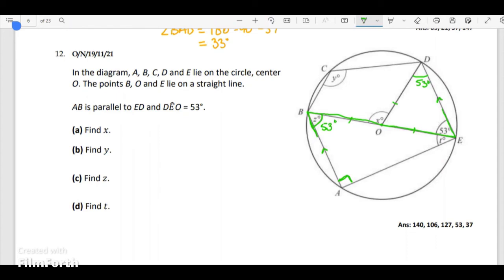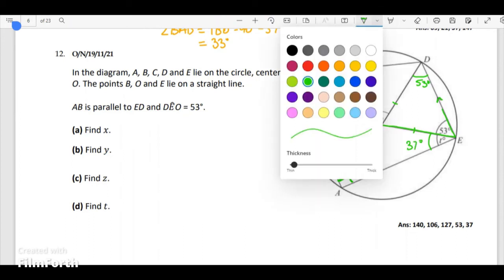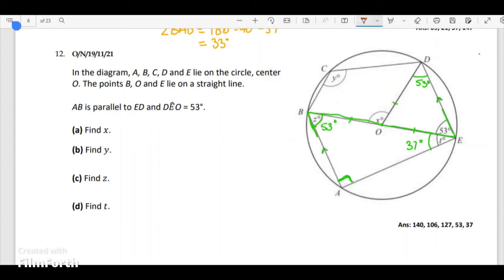So if we have 53, Z is 53, 90 degrees given, we can work out D as well. So 180 minus 90 minus 53, that would be 37 degrees. We have so much done already. Let's see the question and go sequence-wise.